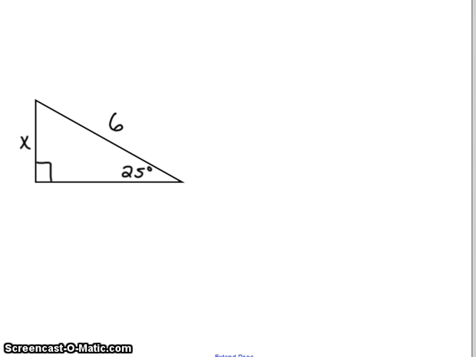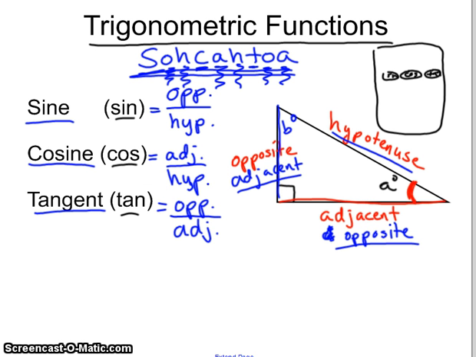We have an angle measurement, and we have two sides. If I look at this angle measurement, I have the opposite side and I have my hypotenuse. Let's see which trig function deals with the opposite side and hypotenuse. Well, that's sine right here.